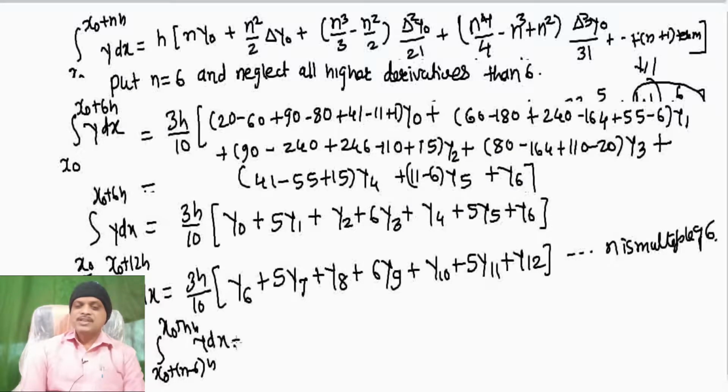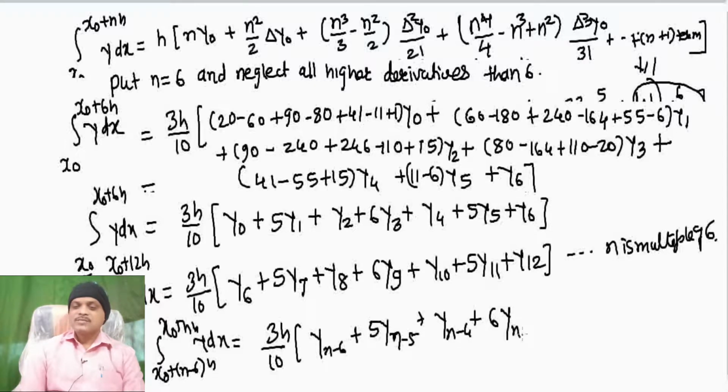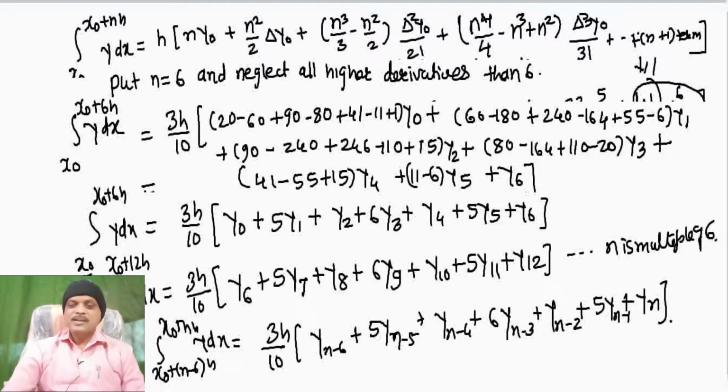This will be 3h divided by 10 into y n minus 6 plus 5 into y n minus 5 plus y n minus 4 plus 6 into y n minus 3 plus y n minus 2 plus 5 y n minus 1 plus y n. Okay, so in this manner we get the integrations. Now add all these integrations.